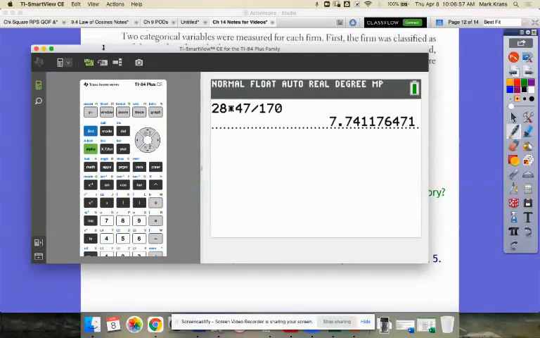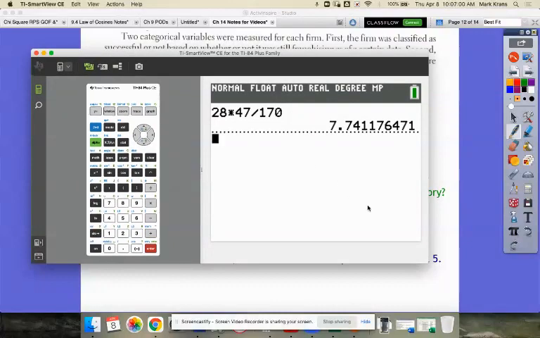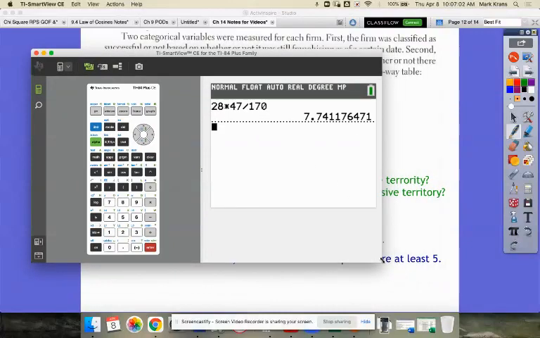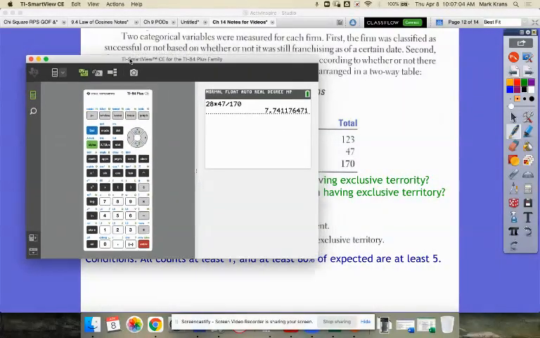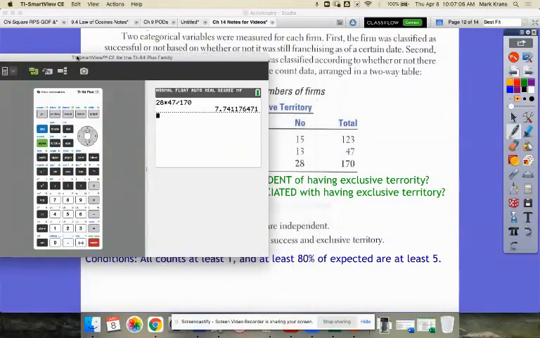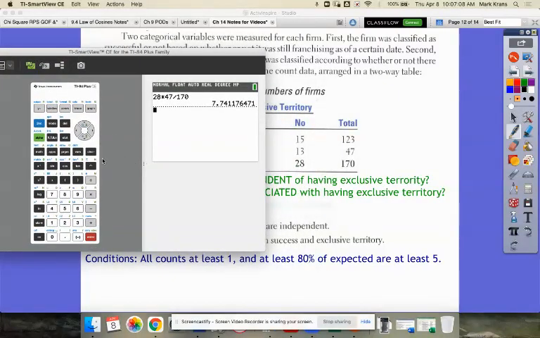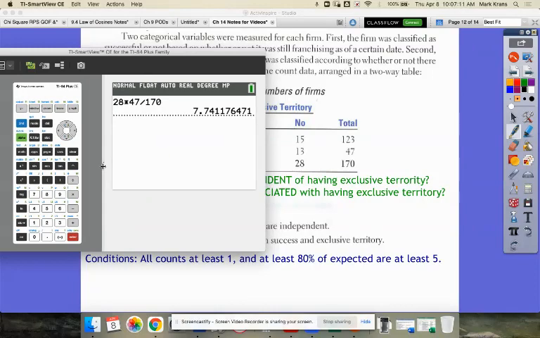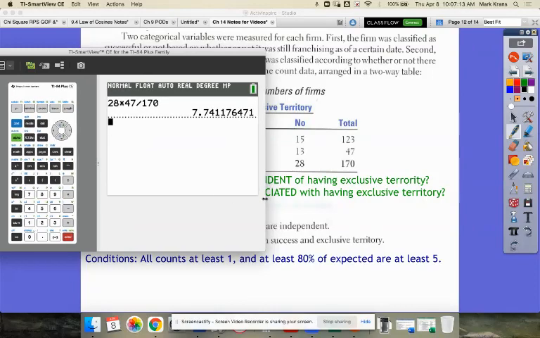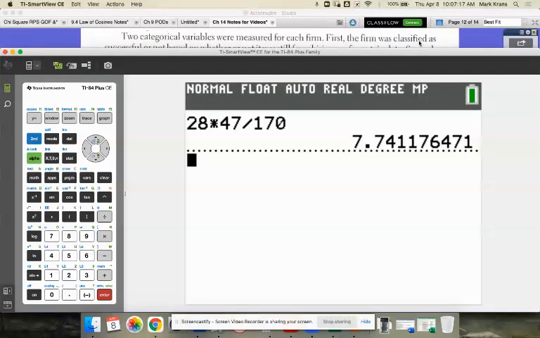Now, if I want to work this out, I punch it all into my calculator.